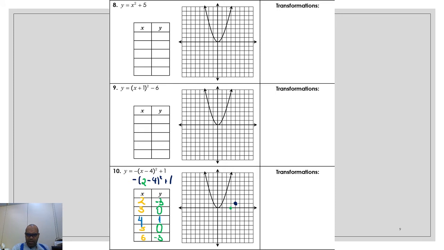And 5, 0 here. Symmetric. And for 2, it is negative 3, and 6 is negative 3 also. Here, they're symmetric.